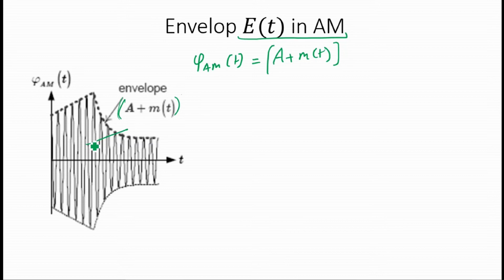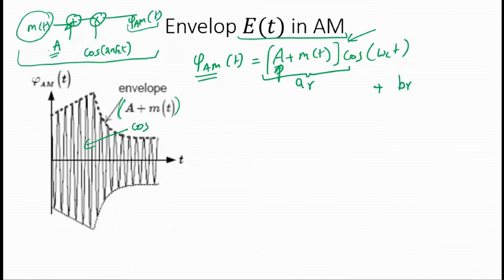So within this there is the cos function here. We have cos omega ct. Let me say this is a coefficient. So I'm saying this phi am of t is equal to A plus m of t times cos omega ct, from this block diagram, right?